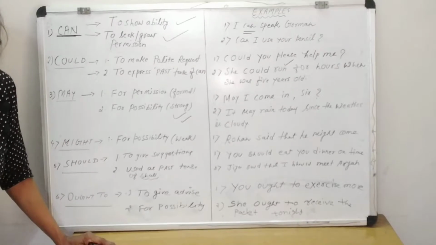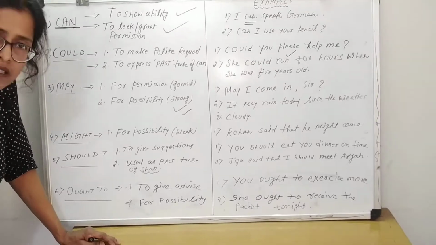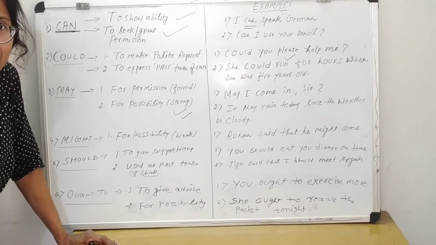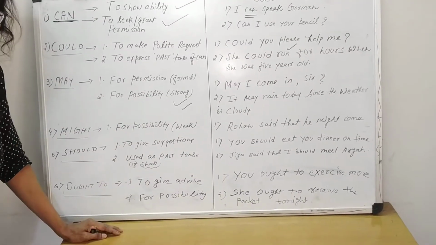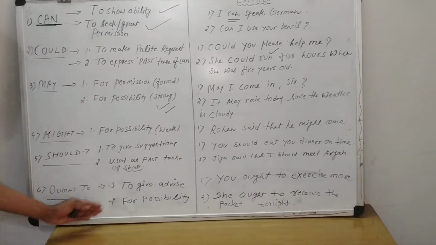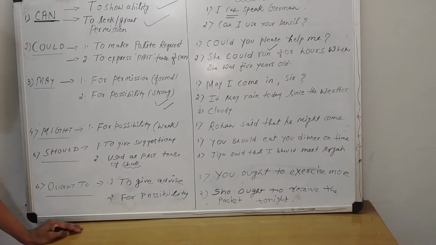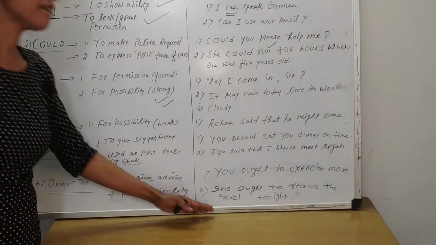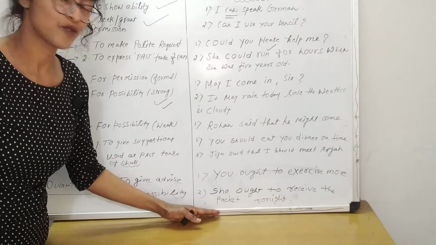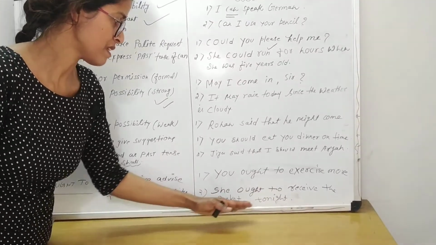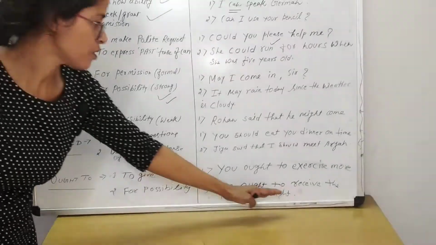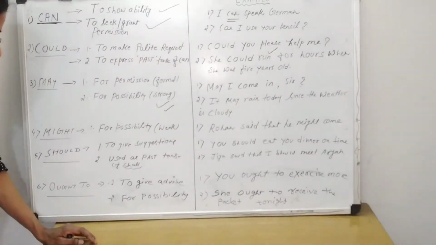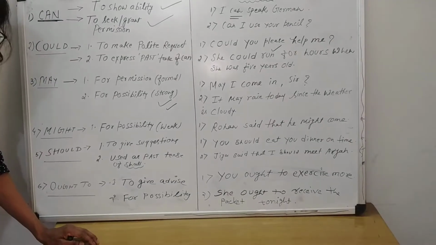Suppose you are advising your friend and you think that there is a necessity for your friend to exercise more, you have to use ought to. And the last one is for possibility. If you think that the possibility is very, very high, in that scenario also you will use ought to. Like I made a sentence here, she ought to receive the packet tonight. That is again showing a possibility which is very, very high.